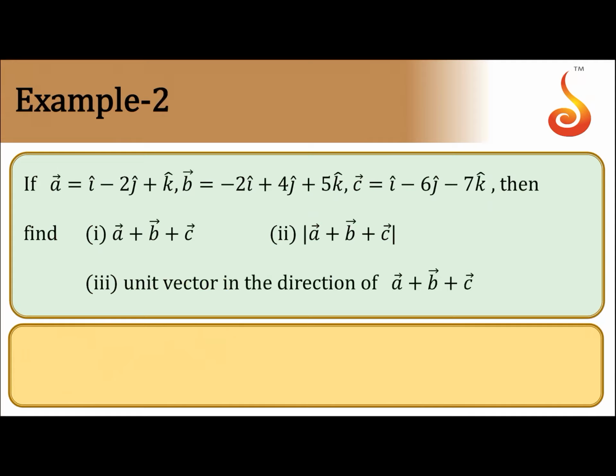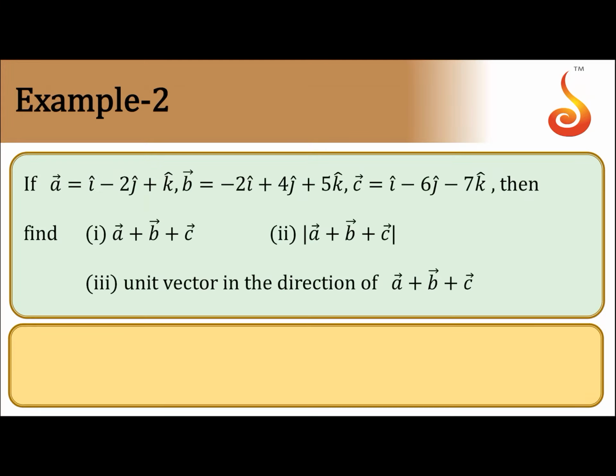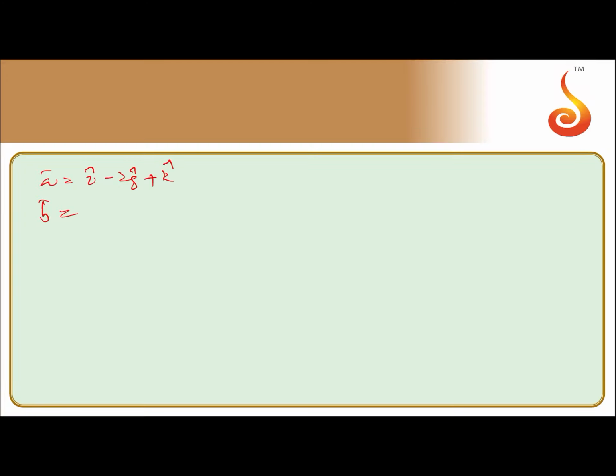Vectors a, b, c are given to you. Isn't it just addition? a bar is equal to i minus 2j plus k. b bar is equal to minus 2i plus 4j plus 5k.